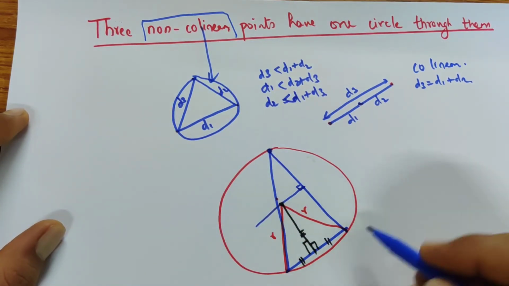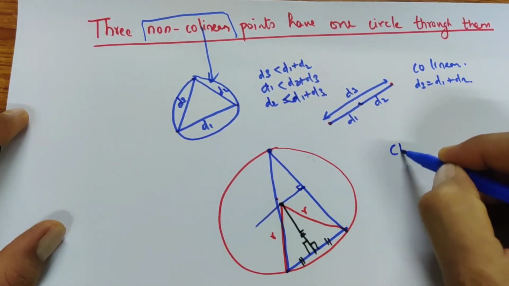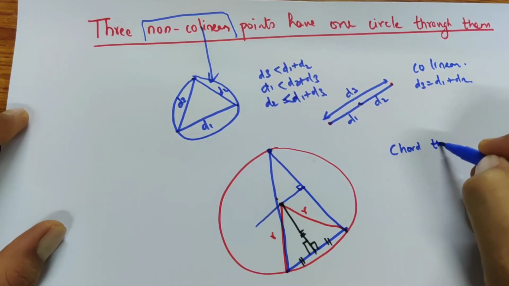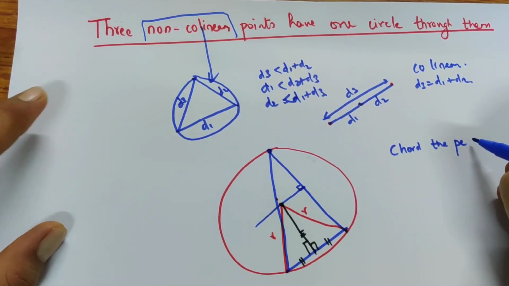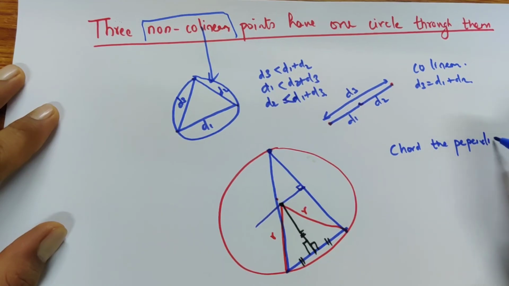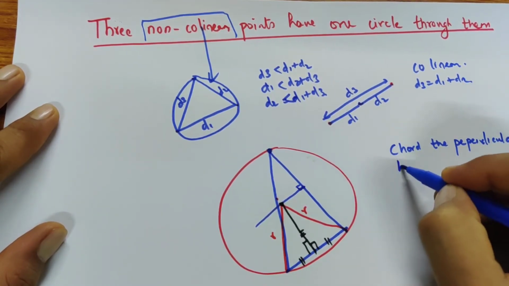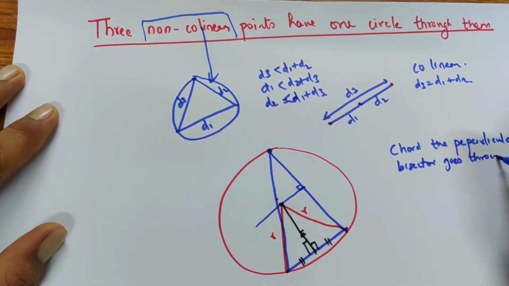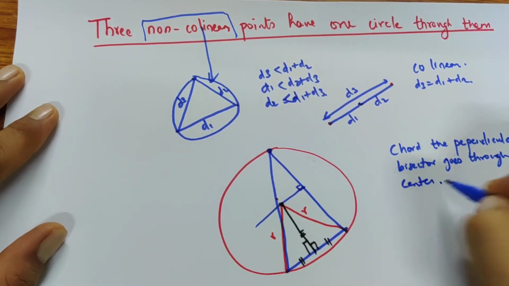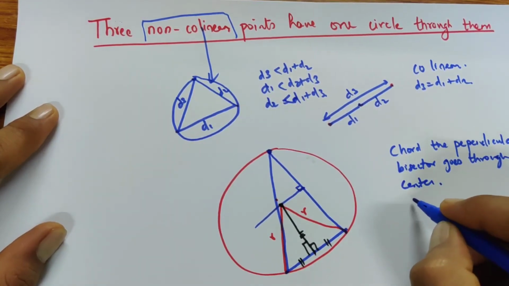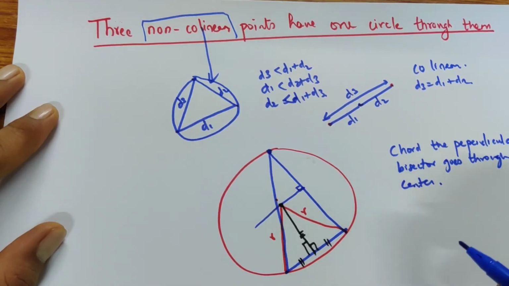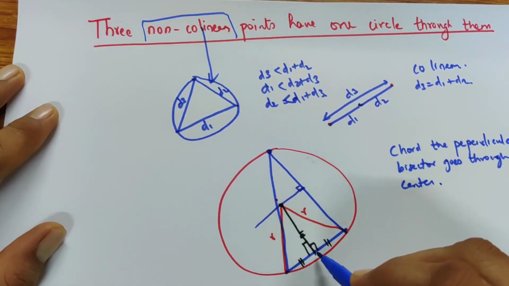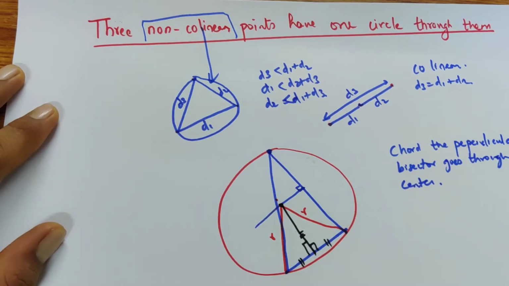Then we have used the fact that in a chord, the perpendicular bisector goes through the center, or basically the line from the center that bisects the chord is a perpendicular bisector.